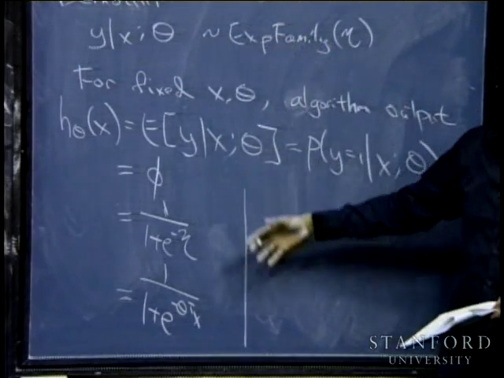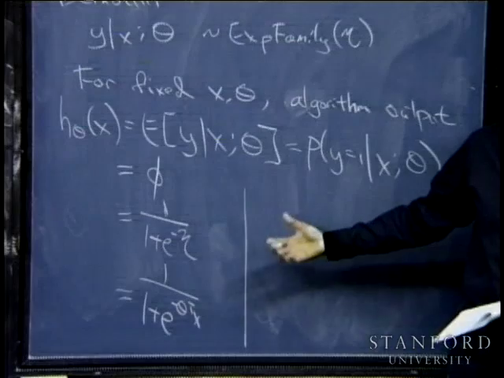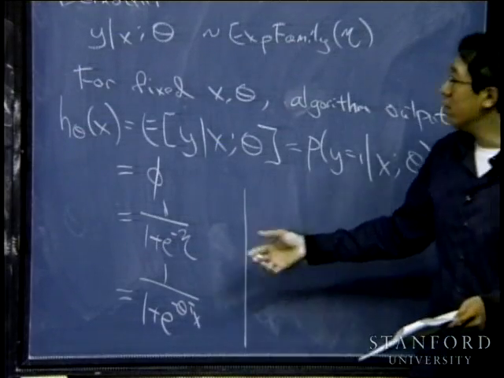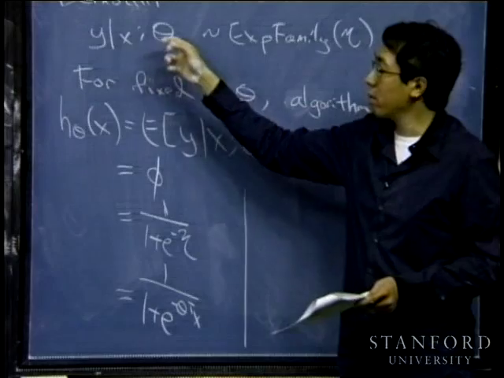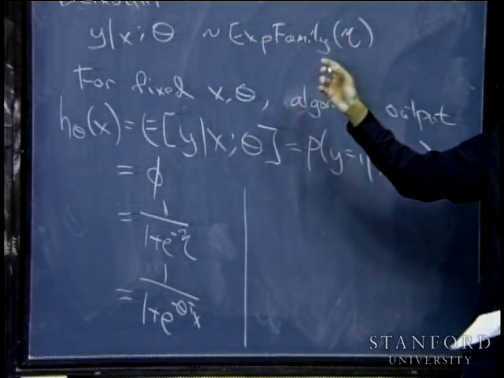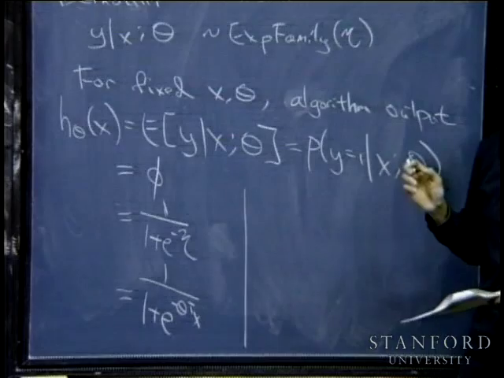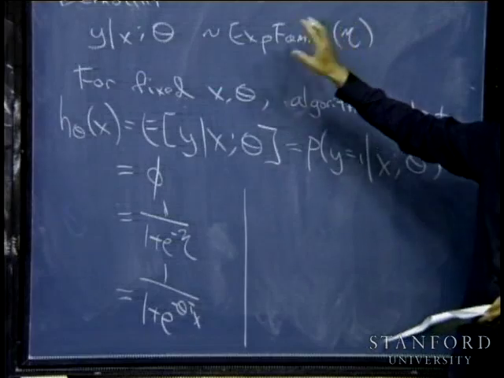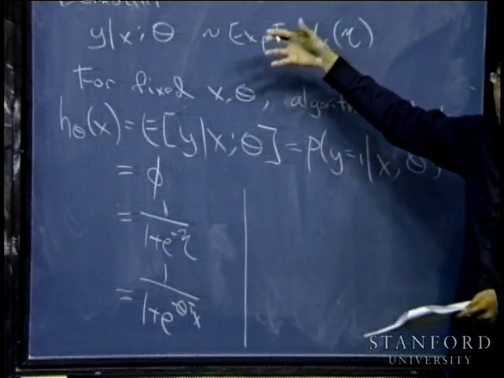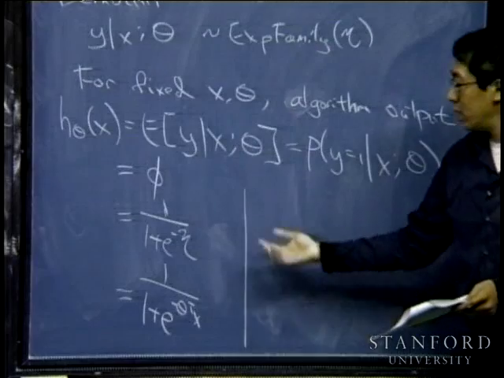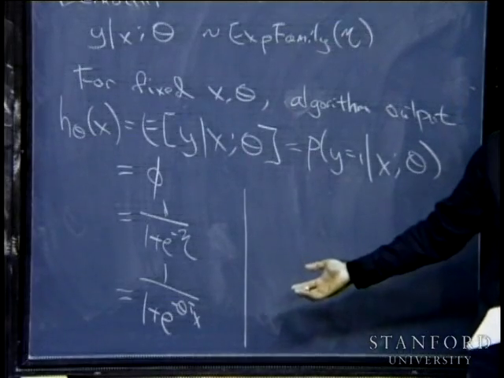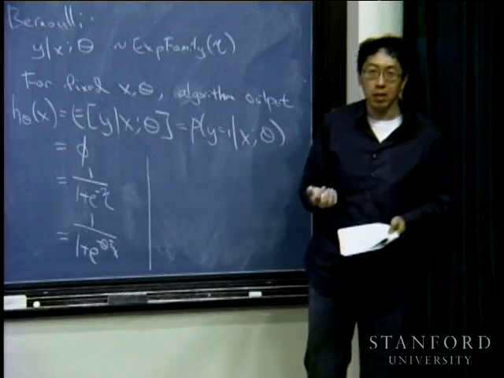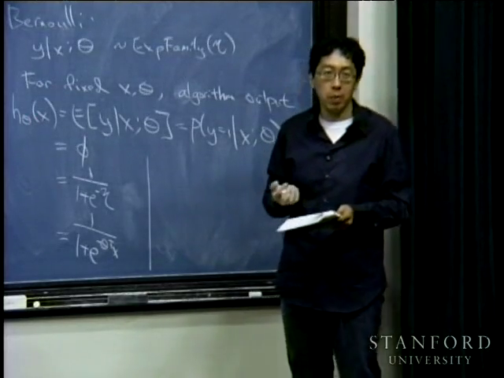And then everything else follows automatically from having made the decision to model y given x and parameterized by theta as being Bernoulli. In the same way, you can choose a different distribution. You choose y as Poisson, or y as gamma, or y as whatever, and follow a similar process and come up with a different generalized linear model, a different learning algorithm, for whatever learning problem you're faced with.